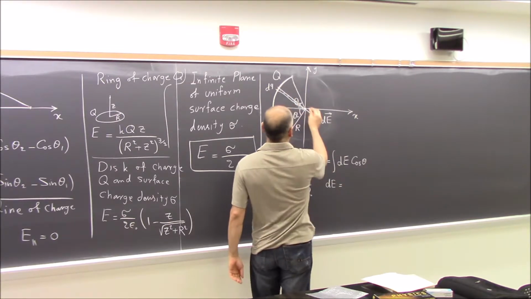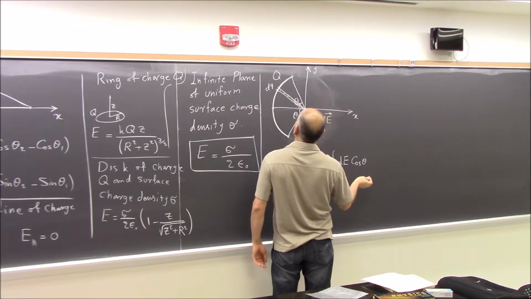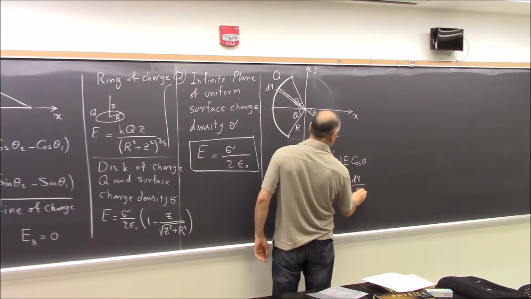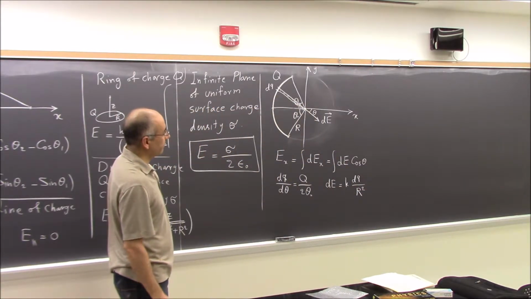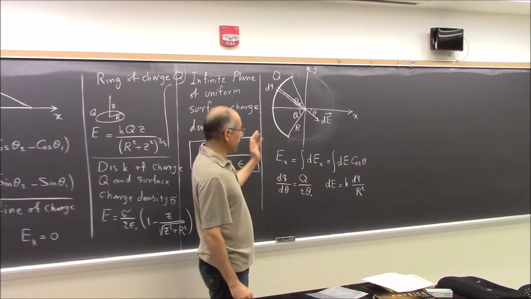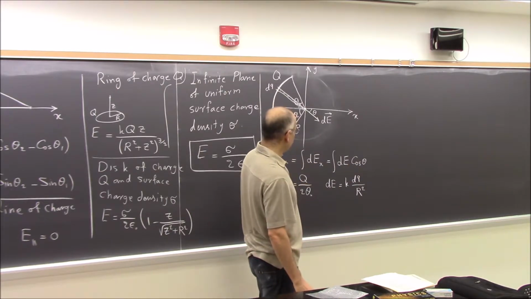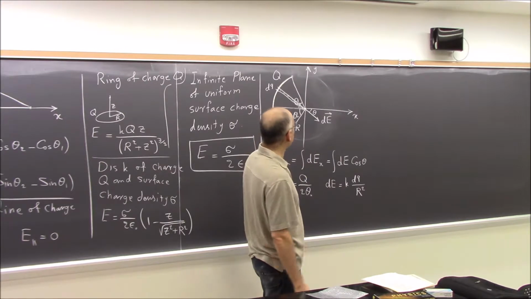For this one, the distances are, you have k dq divided by r squared, right? And that's dq. R is constant, k is constant, so we have everything. And we have to also put cosine theta, because everything should be in terms of theta, cosine theta is fine.